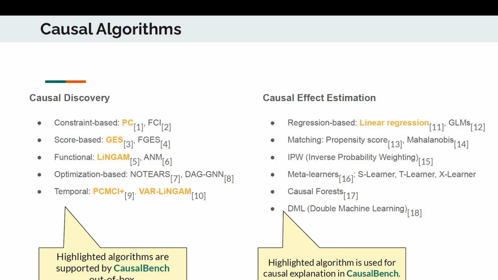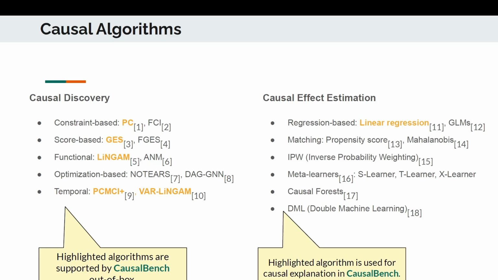As the nature of data changes, the discovery method also has to change. For example, with static and temporal data, the cause-effect dynamics are also different. So temporal models have their own place. And the highlighted algorithms on this part are actually supported by CausalBench out of the box, meaning you can directly use them. Or you can implement yourselves as well.